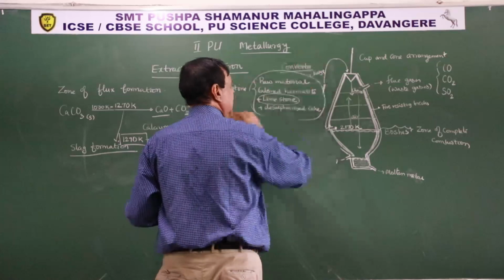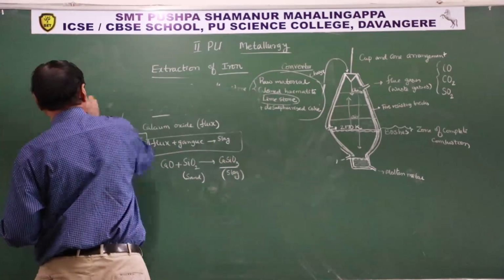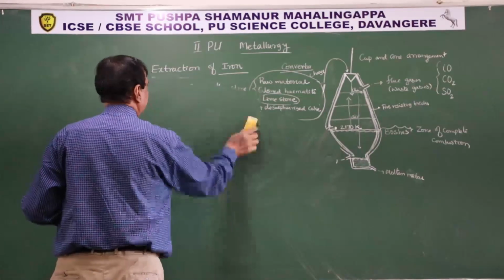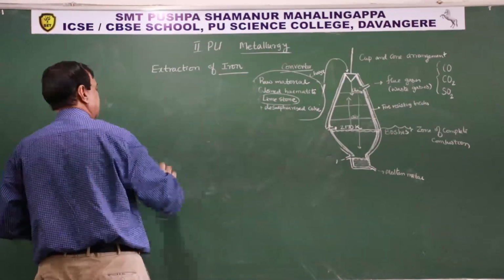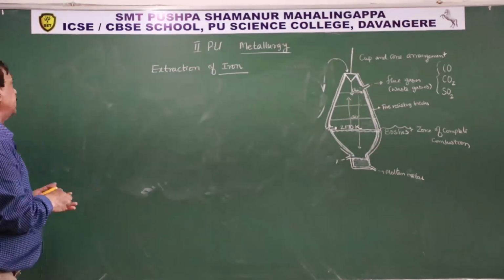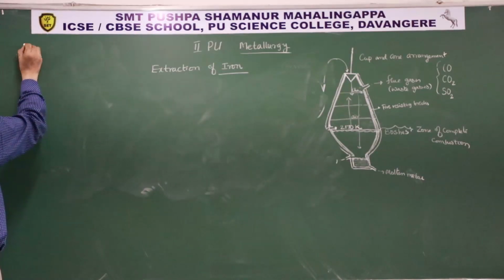Therefore, in your entrance exam they ask questions like this. Match the following: zone of complete combustion, zone of flux formation, zone of slag formation. Keep it in your mind.